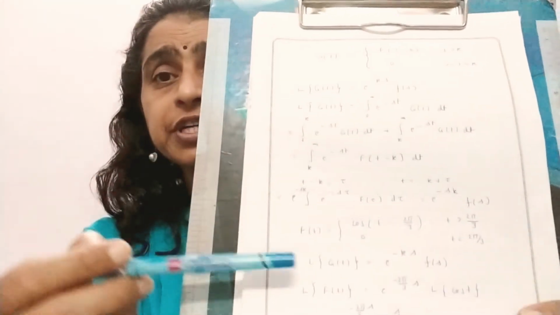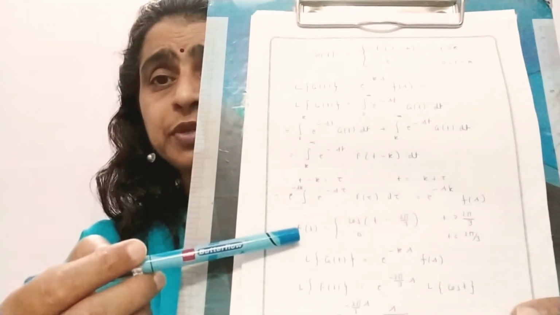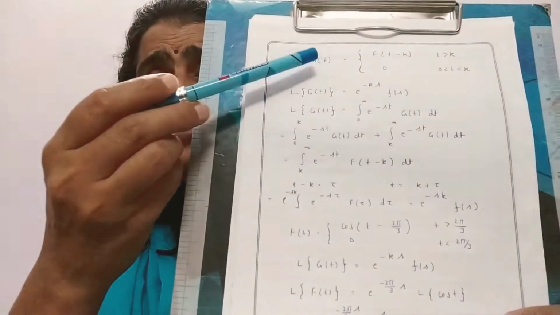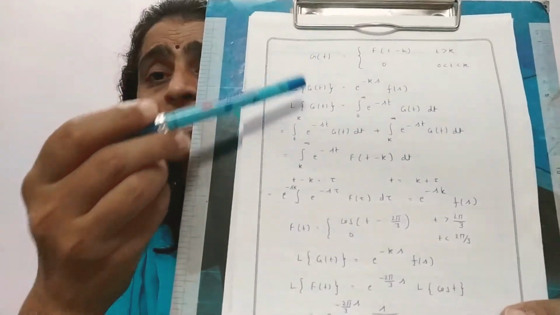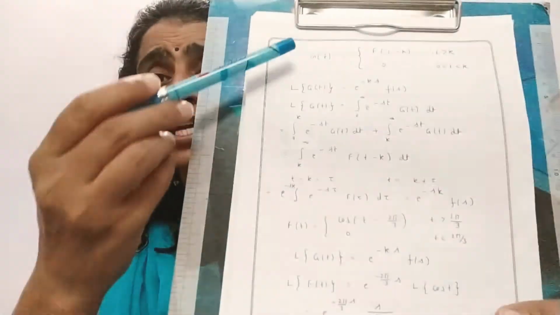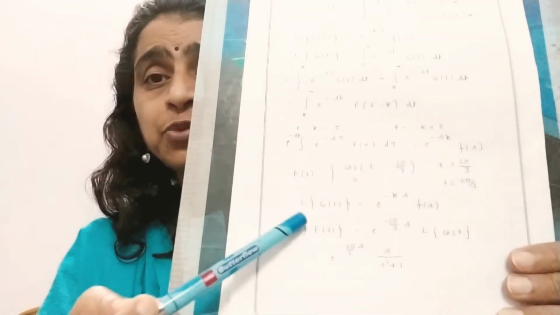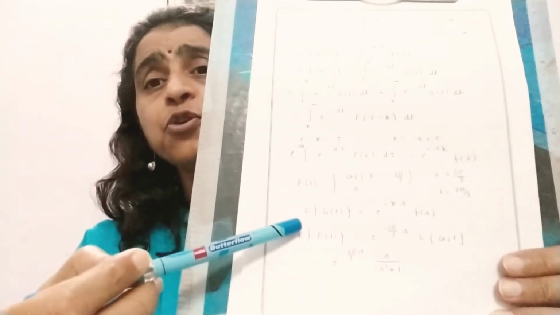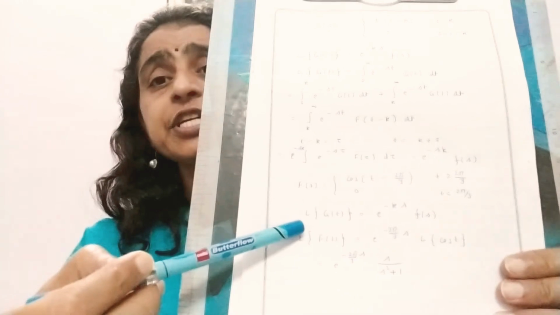Because our example or problem or the function is comparable to this function, that is the reason we are using this formula, which is the statement of the second shifting property.